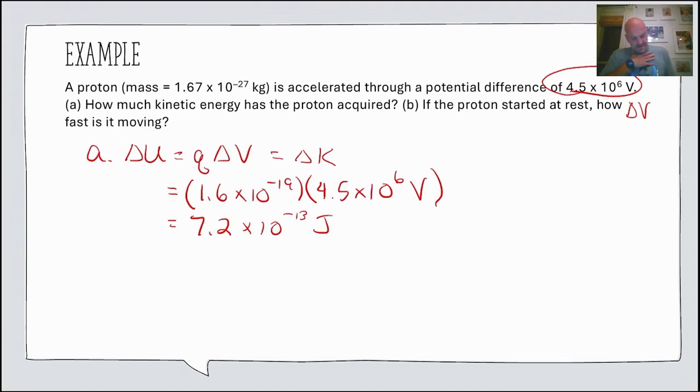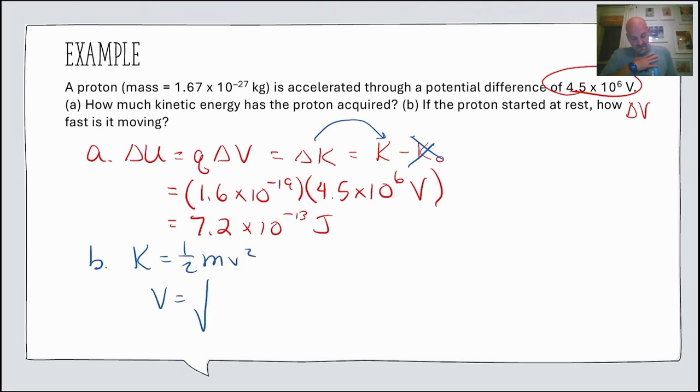Remember, delta K is K final minus K initial, but K initial is 0, so that goes away. Whatever the change in kinetic energy is, it's the kinetic energy acquired by the proton. Now we can use the kinetic energy equation, K equals 1/2 mv squared. Solving for v, we get the square root of 2K over m, and this is why they give you the mass of the proton.